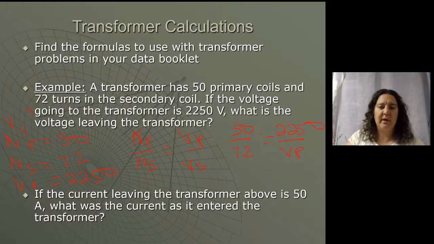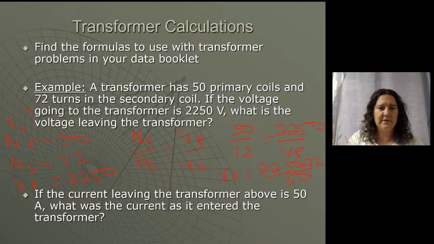If you're good at cross multiplying and dividing, you can go here, but I'll rearrange it for those of you who like to see that done visually. So the secondary voltage is equal to 2,250 times 72 divided by 50.